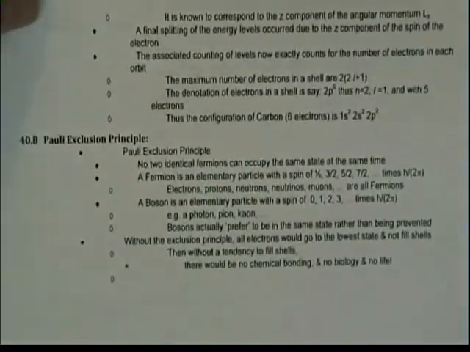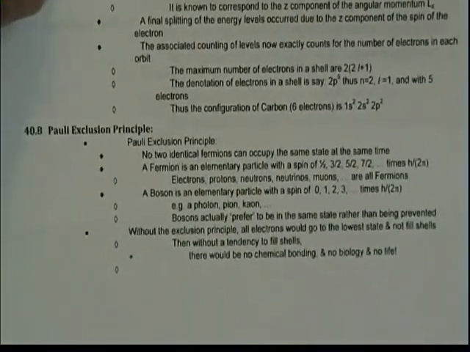Now let me pull this page up just a little bit higher. This is somewhat complex, but it's something that you will be exposed to in your chemistry classes, so it's something you should be familiar with. This is known to correspond to the z component of angular momentum, as I just said.